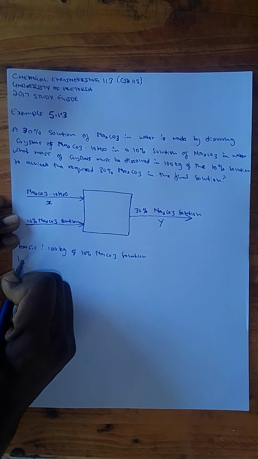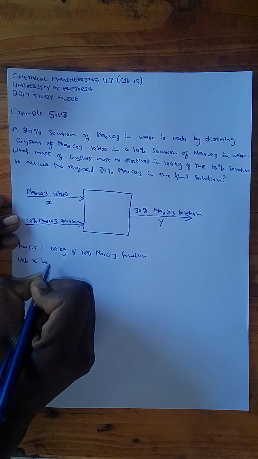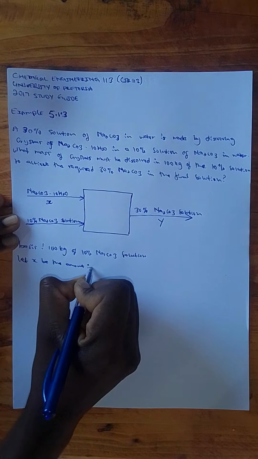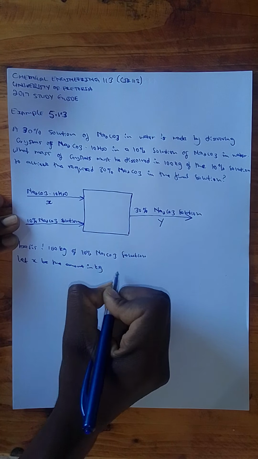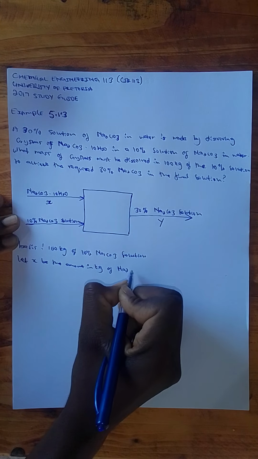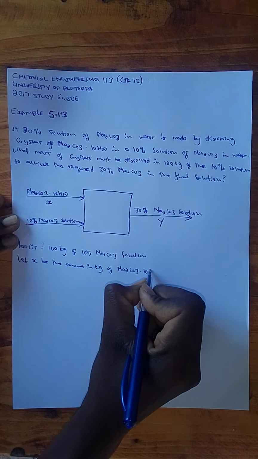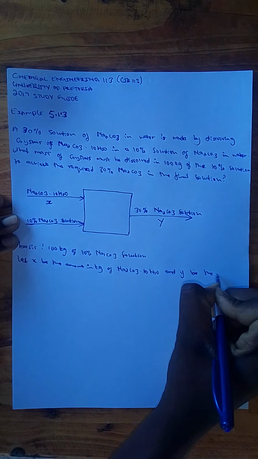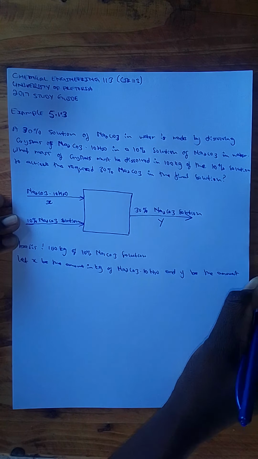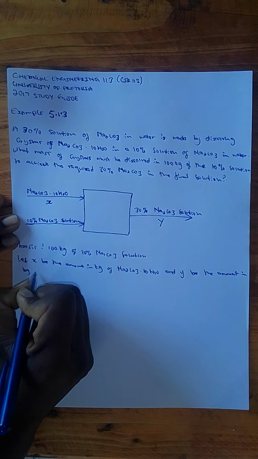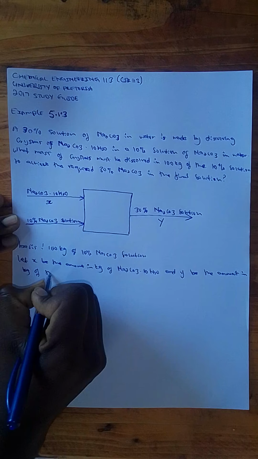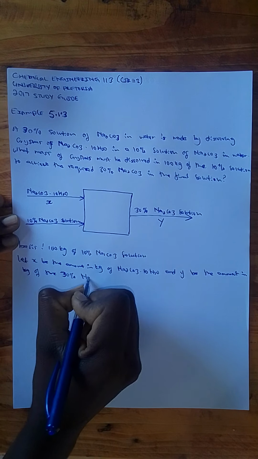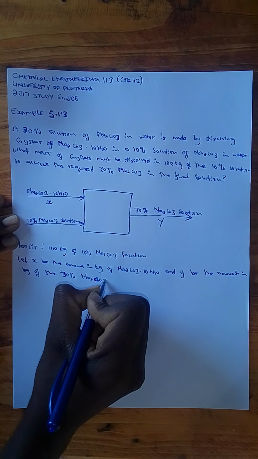So let me just write there that let X be the amount in kilograms of Na2CO3·10H2O, and Y be the amount in kilograms of the 30% Na2CO3 solution.